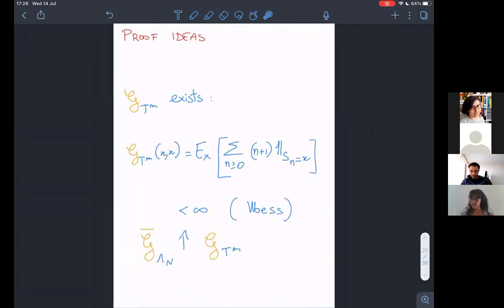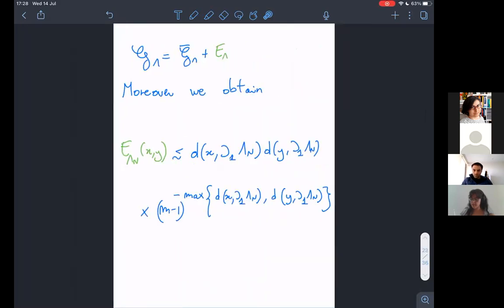So the existence of this infinite volume measure is relatively easy. On the tree, essentially what you have to show is that the intersection local times are finite. This is a computation that you can derive, for instance, by knowing the Green's function on the m-regular tree. What is a bit more difficult is that you need to prove that the difference between the true covariance matrix and the intersection local time is converging, so that the error term is going to 0.